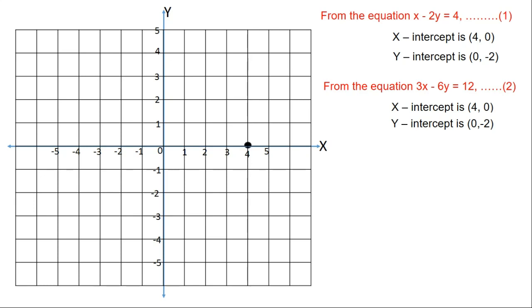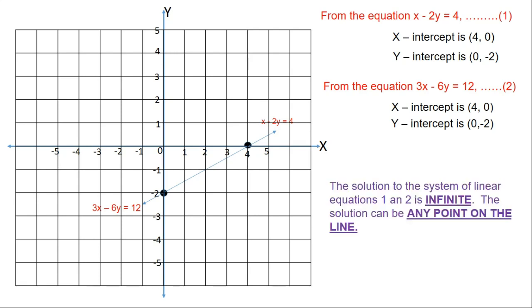This means that we will have the same straight line that shows both equations as shown on this coordinate plane. In this scenario, the number of solutions to the system of linear equations 1 and 2 is infinite.